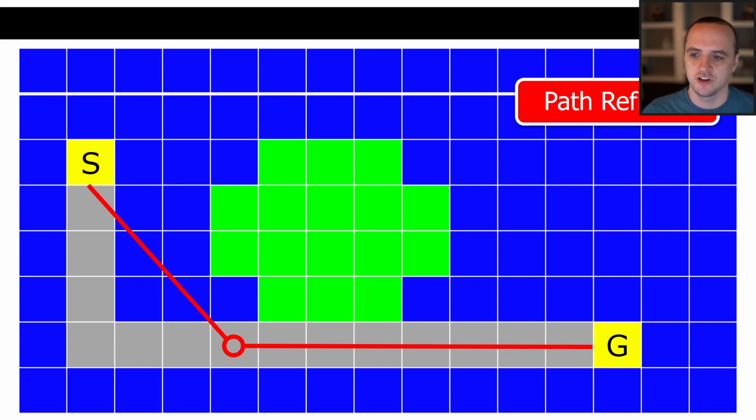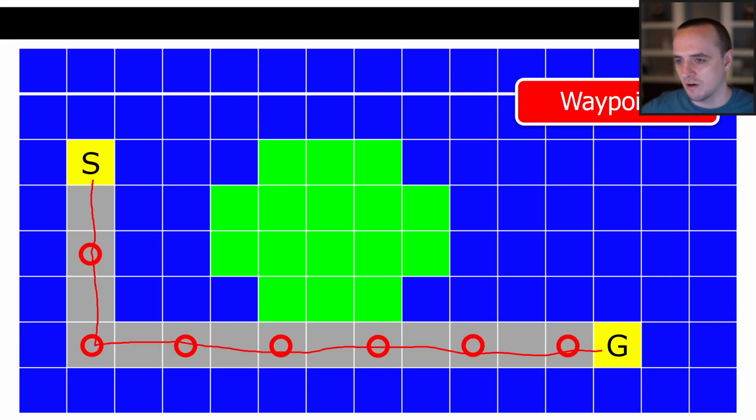So if our game engine allows for arbitrary movement, why would we choose a grid representation for our algorithm? Okay, well, we could choose a grid representation and then implement path refining. So here, we had this sort of blocky up, down, left, and right movement, right, to follow our waypoints.